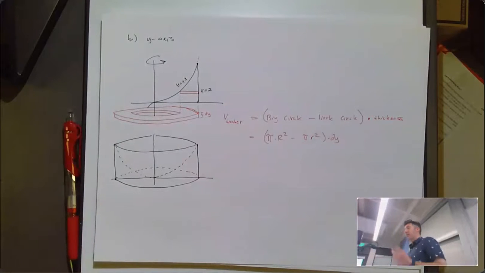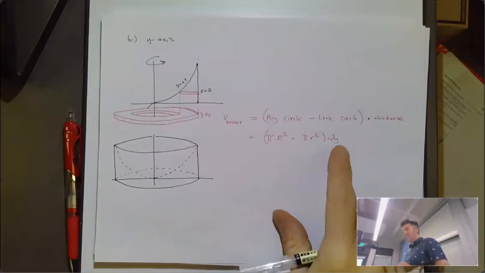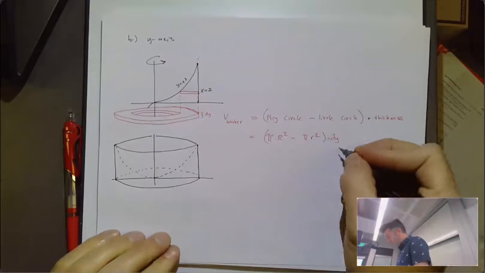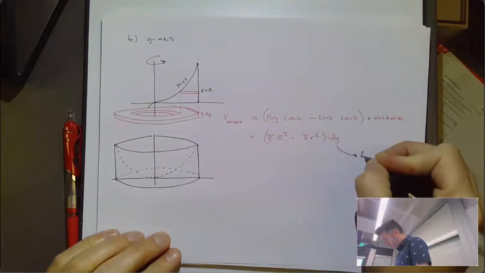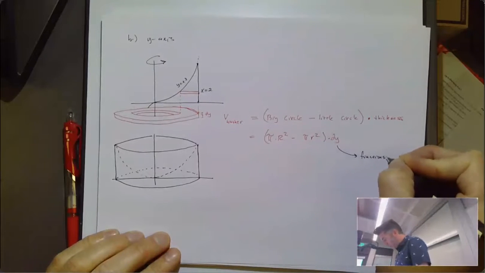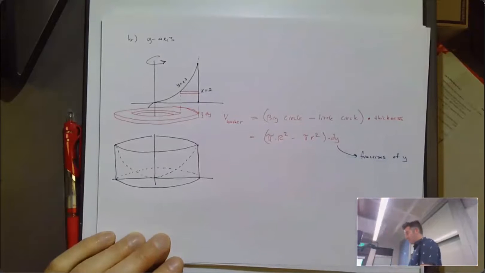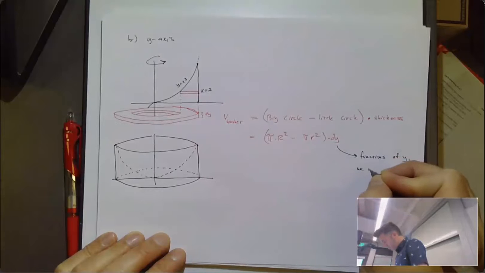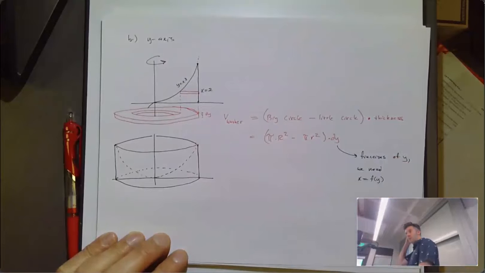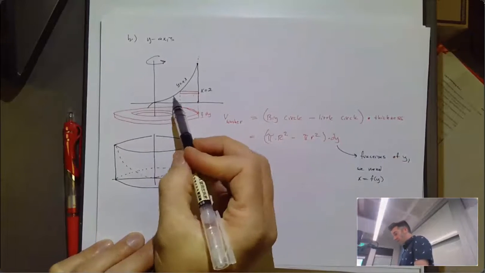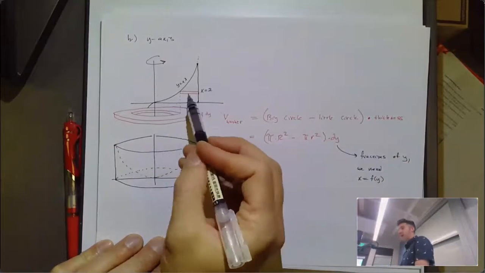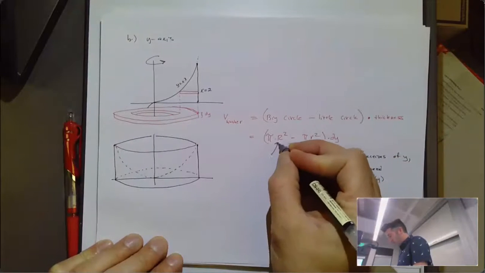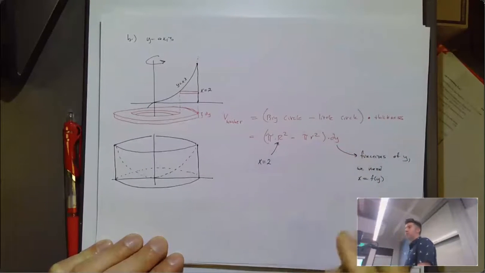And so then we have to identify what our outer function and inner function are. Since we're using dy, our functions have to be functions of y, meaning we need x equal to some function of y. Our outer radius, the function that's further from the axis of rotation, is x equal to 2.